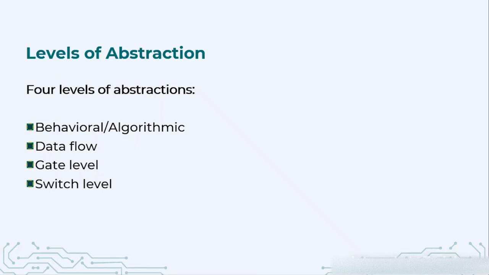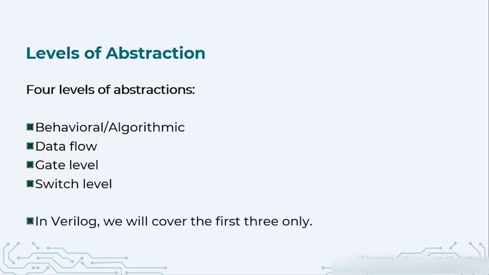And the lowest level is the switch level. Switch means the transistors, the BJT, or in modern technology, CMOS. We are not going to program using the switch level. So in Verilog, we will be focusing only on the first three, that is behavior, data flow and gate level. Switch level is mainly for the backend and our focus is mainly on the design aspect.